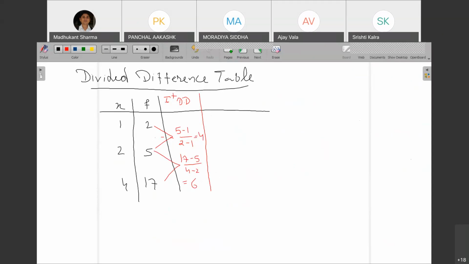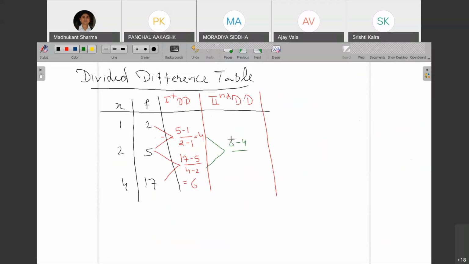Now the next divided difference will use these two values, 4 and 6. You are going in the forward direction, so it is 6 minus 4, not 4 minus 6.